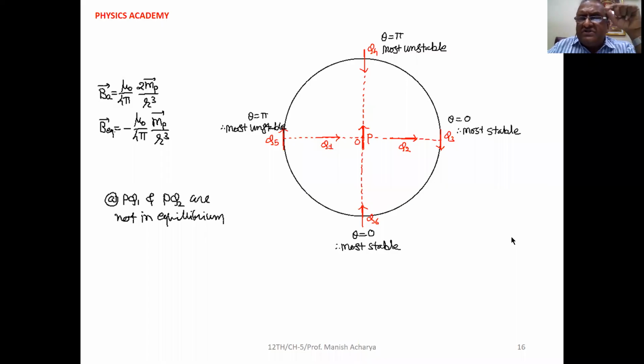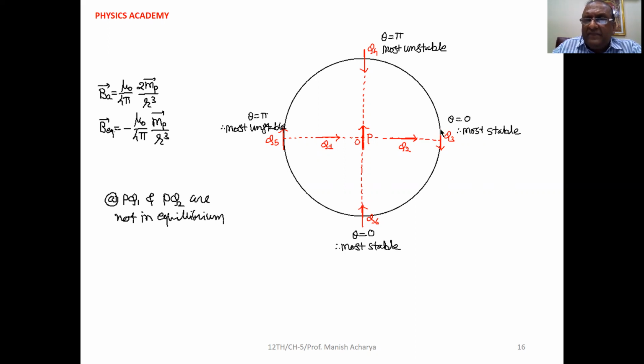Clear this thing? For the most stable equilibrium, the dipole moment should be in the direction of the magnetic field, and for the most unstable position, the dipole moment and magnetic field should be in opposite directions. Now think about Q3.